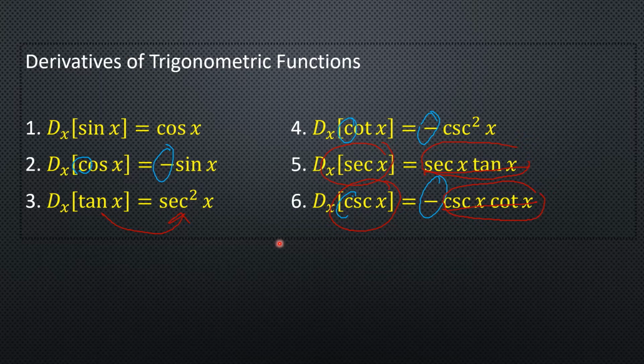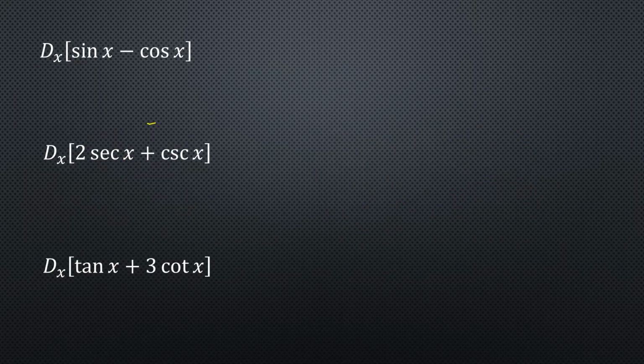So let's have examples. Our first example is to get the derivative of sine x minus cosine x. Now take note that we have the operation subtraction here, so it means we are going to subtract the derivative of cosine x from the derivative of sine x.